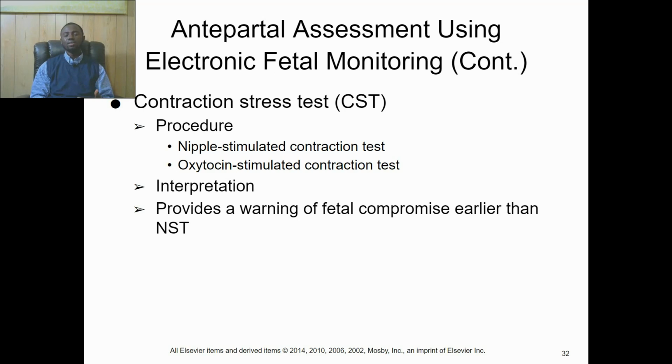This is done by an intravenous or IV infusion of oxytocin, and is normally done by using a dilute solution of oxytocin, which is 30 units in 500 cc's of normal saline, or in D5 normal saline.